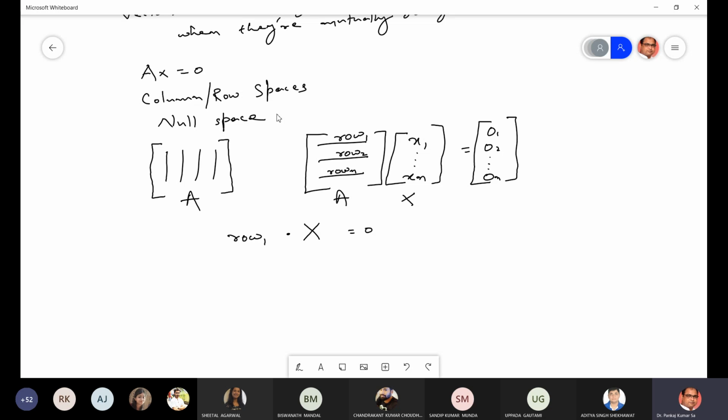It is the space that contains the solution x to the equation Ax equal to 0.